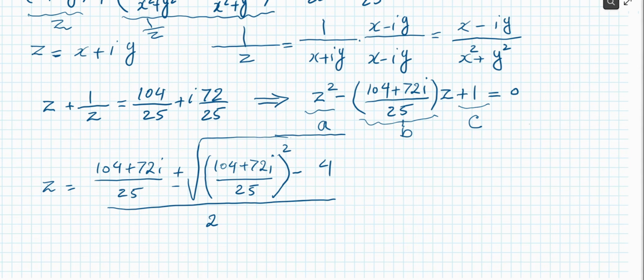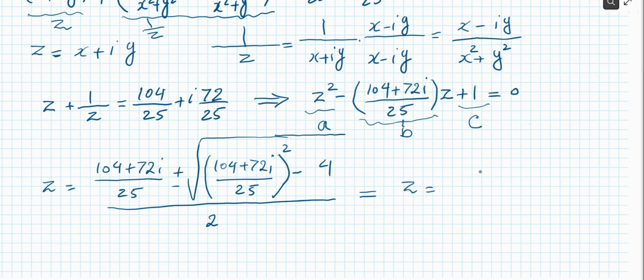At this point, we simplify this equation further, squaring the complex numbers, adding and subtracting them, and taking the square root. We find that z1 and z2.